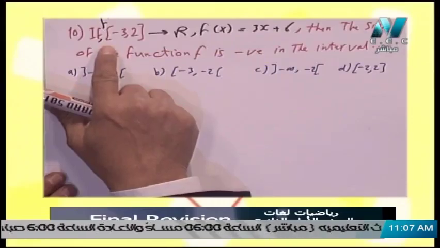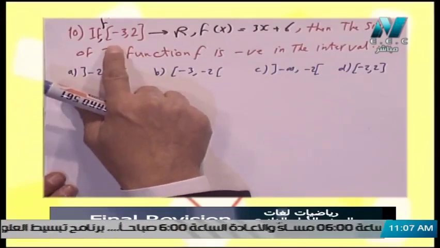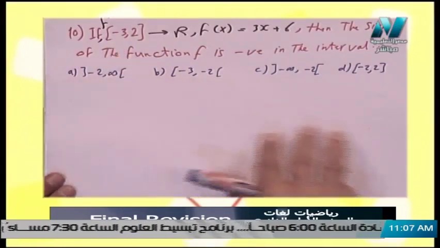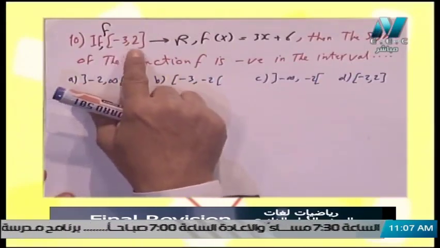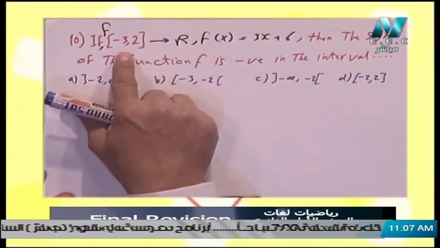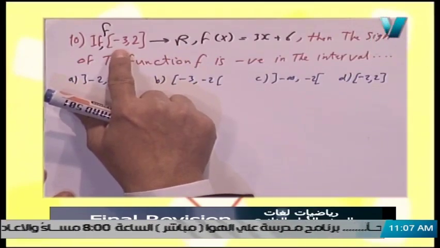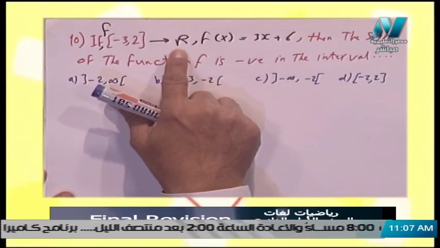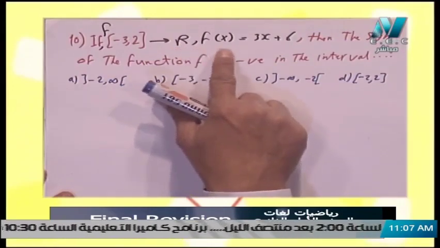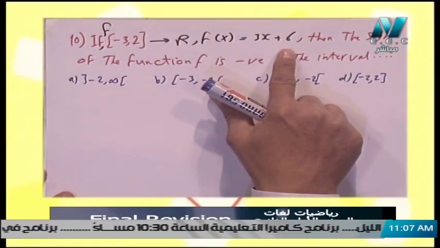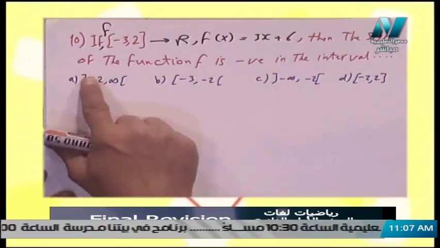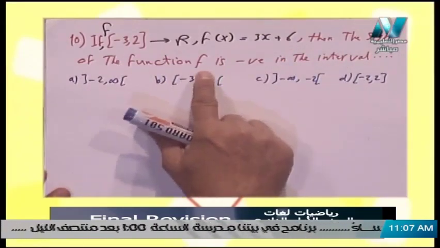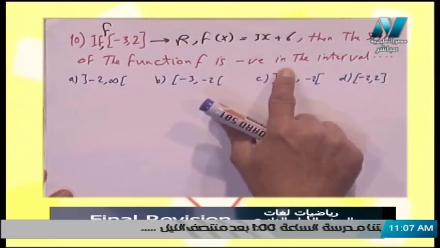If a function f from the interval negative 3 to 2 to R, that means the domain equals negative 3 to 2 and the codomain equals R, and this function f of x equals 3x plus 6, then the sign of the function f is negative in the interval.